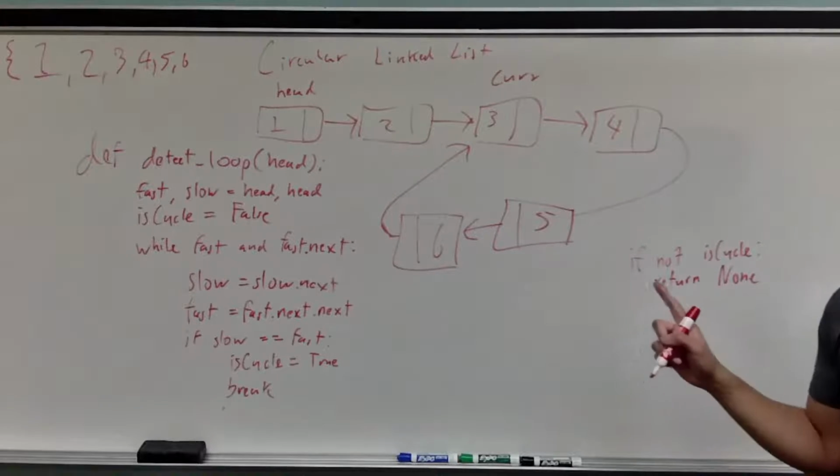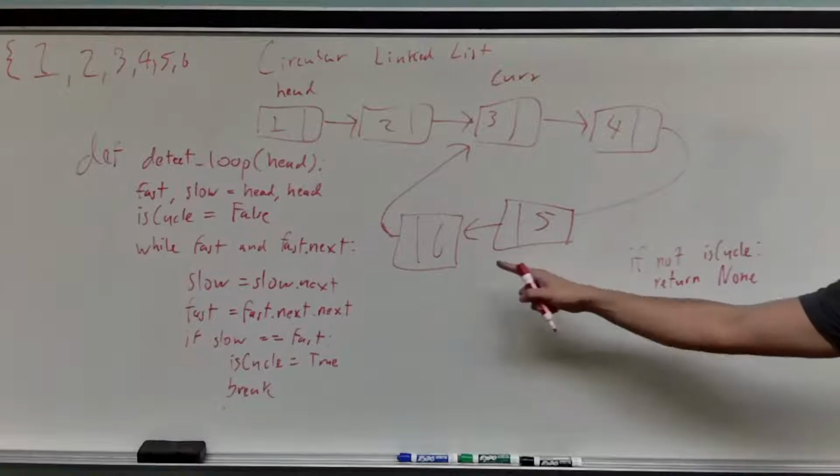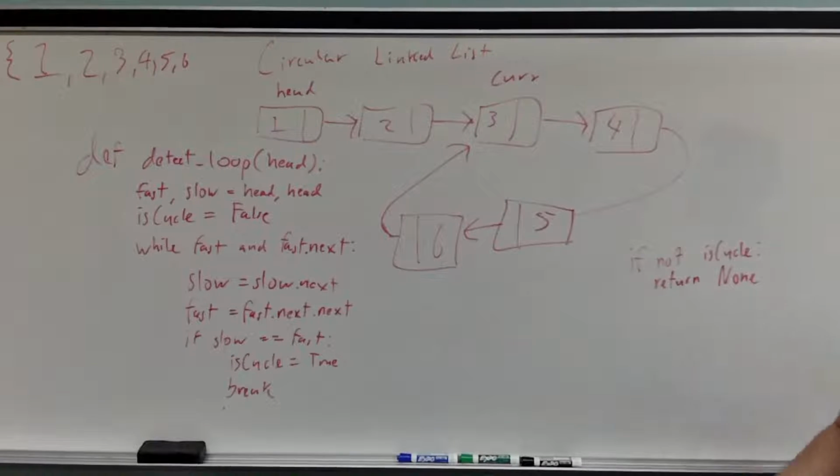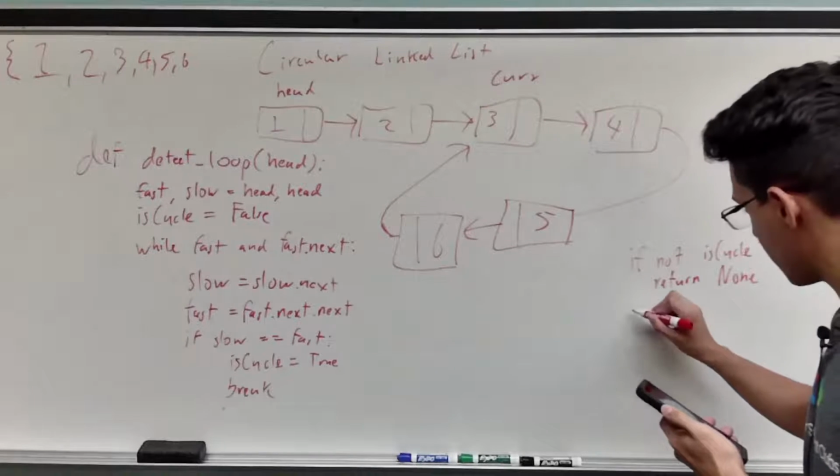So if there is no cycle, return null or none. That means we ended up being at a null value, so there is no cycle. But let's say there is a cycle. We did find one, right?